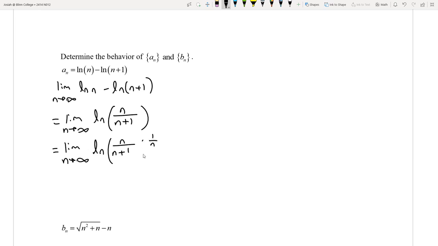We'll go ahead and multiply by 1 over the highest power in the denominator, which is n to the first. When we do that, we get natural log of 1 over 1 plus 1 over n. This guy goes to 0. So we get natural log of 1. This whole thing becomes 0. So this guy converges as well.